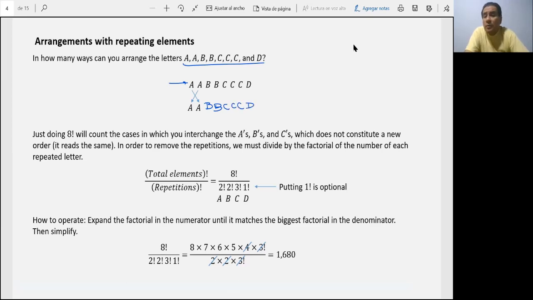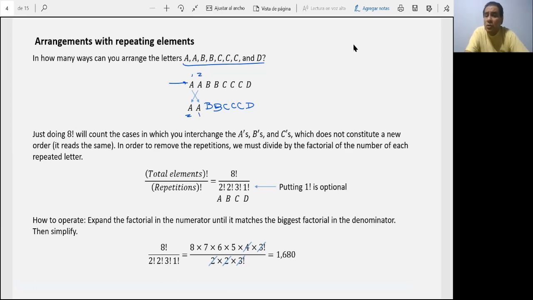So, in order to remove the repetitions, we can consider that for every possible position, in the case of the 2 duplicate A's, actually all the arrangements within 8 factorial are doubled. And each of them can be with the A's in this order or with the A's in this order.